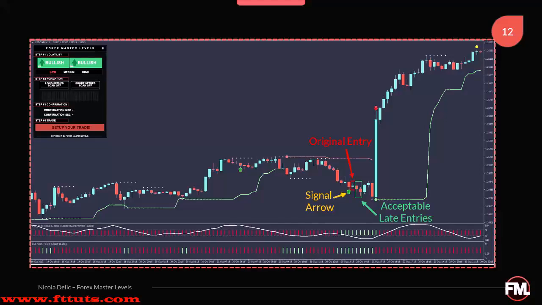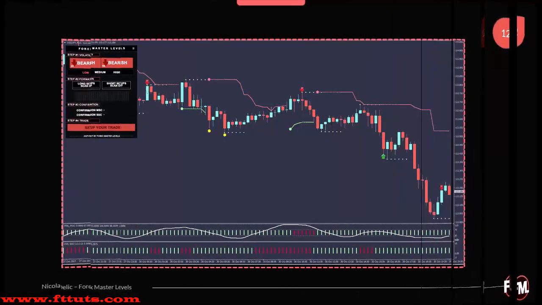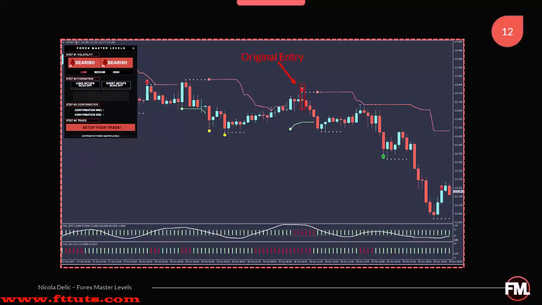So if you don't have much momentum, you're still fine to enter a trade. Let's say this was a potential aggressive play, and for aggressive plays, we want to enter right after we get that arrow. So I pointed at the original entry point, and for the late entry, you are fine to enter after that original signal arrow closes.